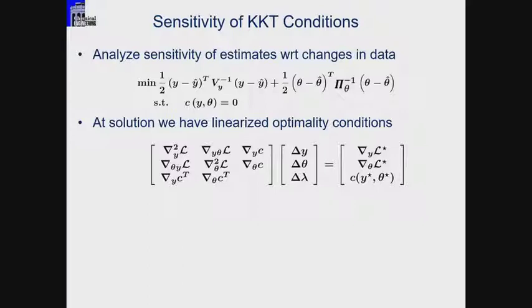And let's just say I have a small prior for the theta over here. This problem is going to form this KKT system over here, where this is just the Lagrangian of the elements.